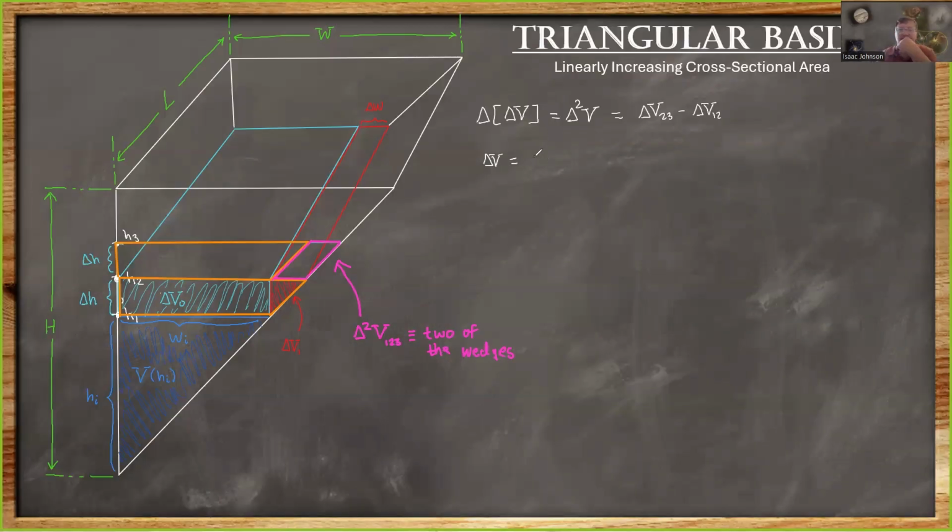So, okay, I've got delta V equals, for the rectangular bit, length times width over height times H initial times delta H, right? And then plus 1/2 length times width over height times delta H squared. So we've agreed that the change of changes is two of these.